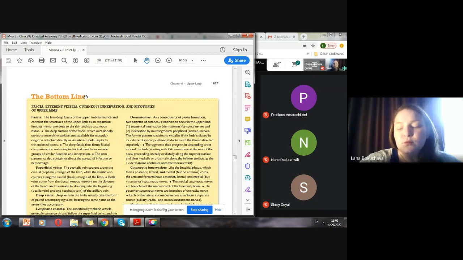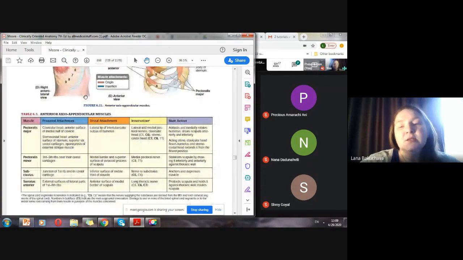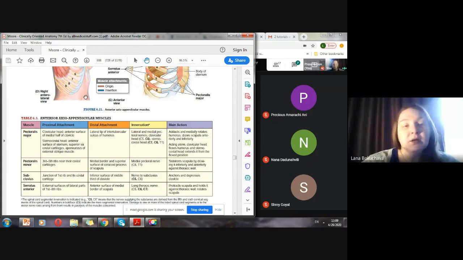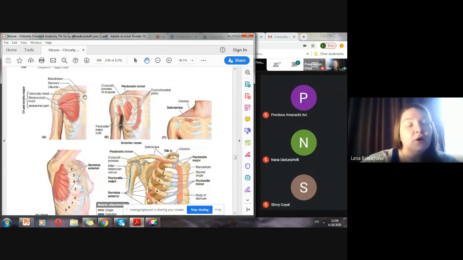So you could see here, as always, we have a table where the different types of the muscles are designated. And as you can see, normally we have 4 muscles in the anterior axio-appendicular region. These are, as you can see here, the pectoralis major muscle.